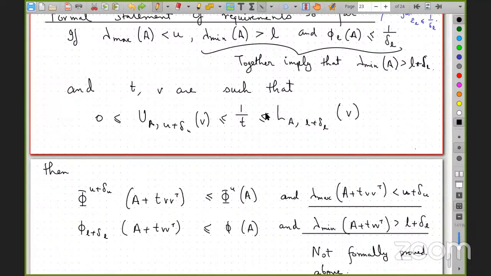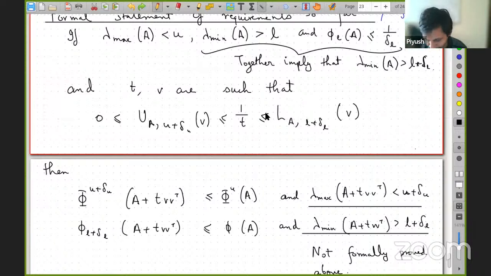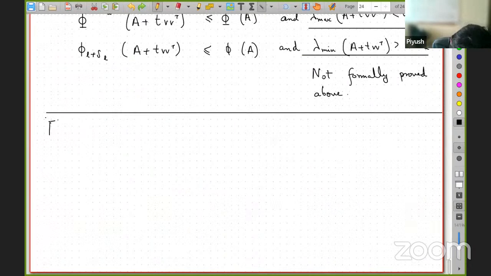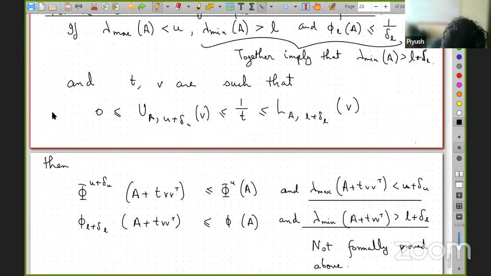So if the sum over all the vectors of the U_A was less than the sum over all the vectors of L_A, then we would be done. Because then in between there must be a real number. We'll just call that number 1 over T. And this is also showing why the weight is needed, right? You don't know where this number is. That's not something we are going to be able to say, but it's some number, and that's the T value. So this is called, let me call this a joint requirement.